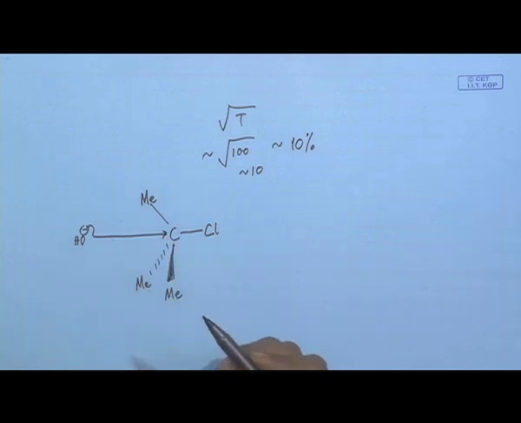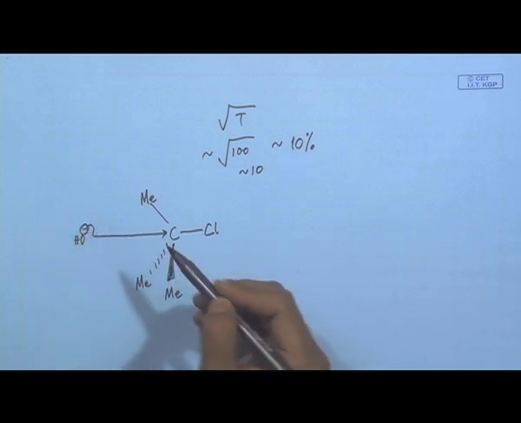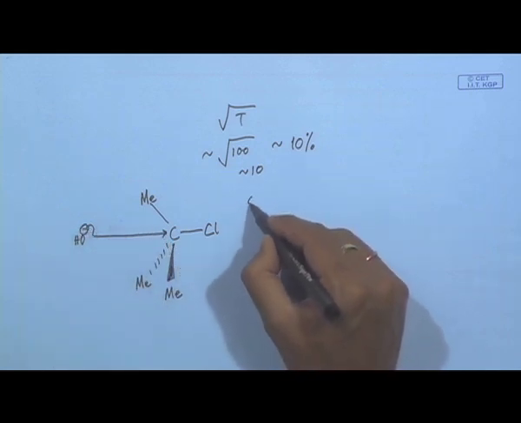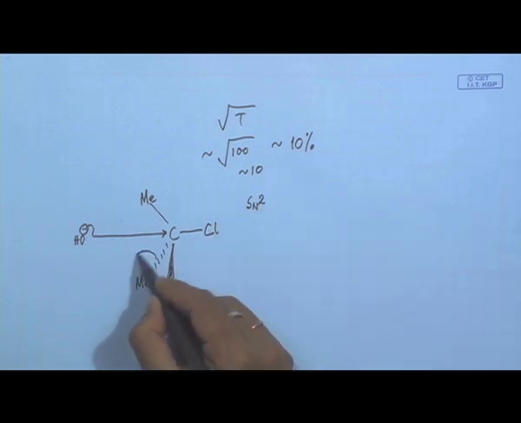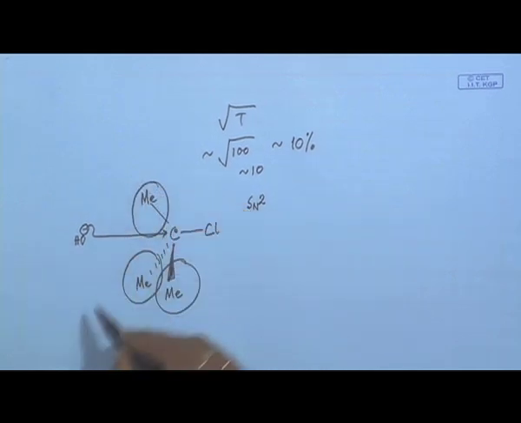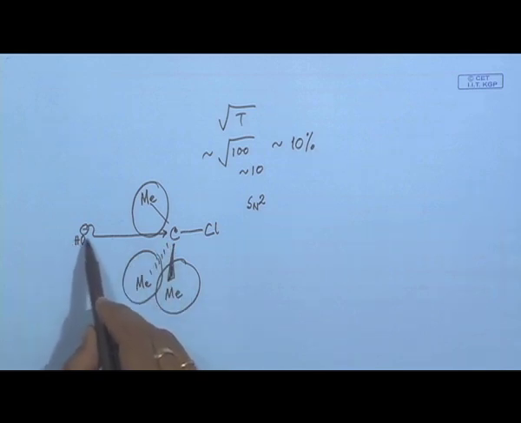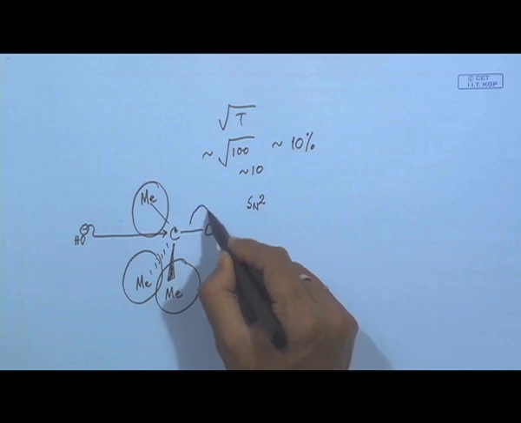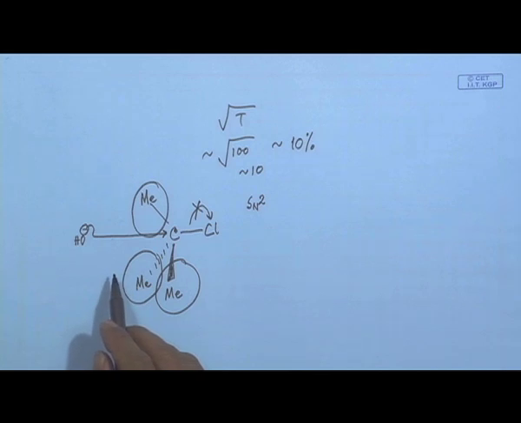This is a celebrated example of hydrolysis of alkyl halide. If this were occurring via an SN2 mechanism, substitution nucleophilic bimolecular, you would see that these methyl groups are bulky. So, this side of the carbon is more or less blocked. The OH will not be able to approach from this side to displace the chlorine. So, this displacement by backside attack is probably impossible.